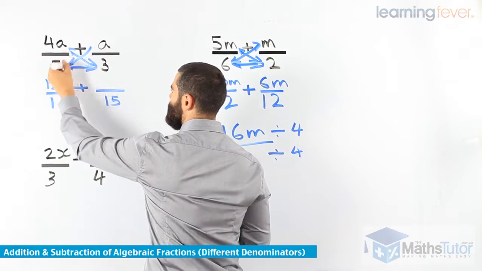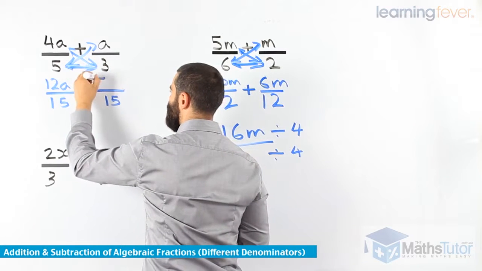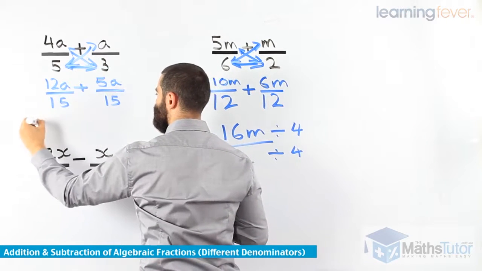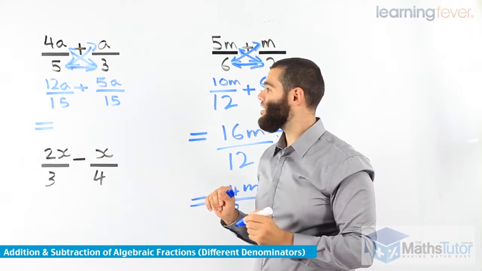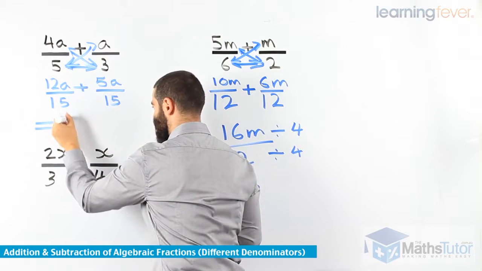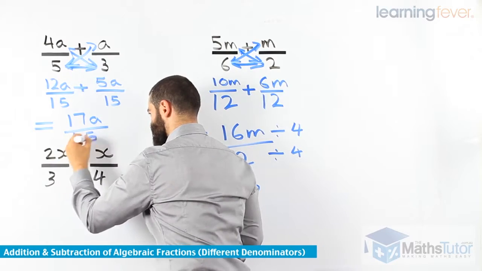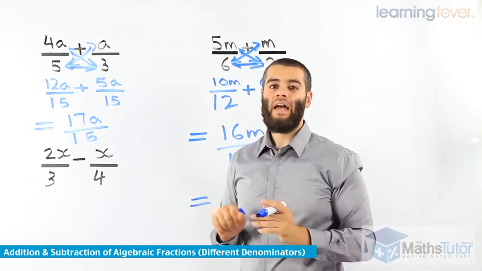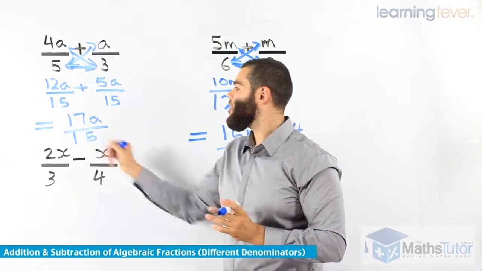Then numerator times denominator once again. 5 times a is 5a. Our solution is going to be 12a plus 5a. We add the numerators: 17a over 15.